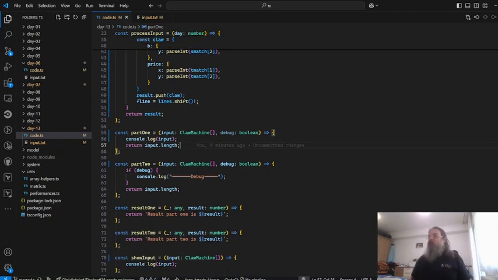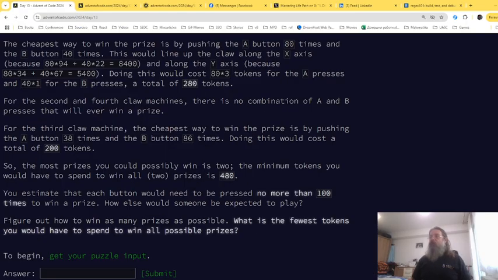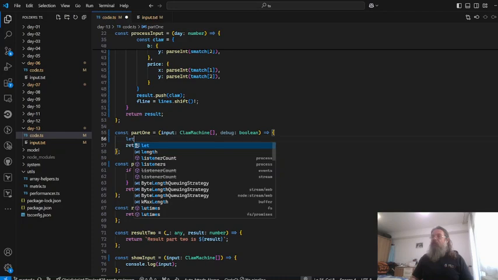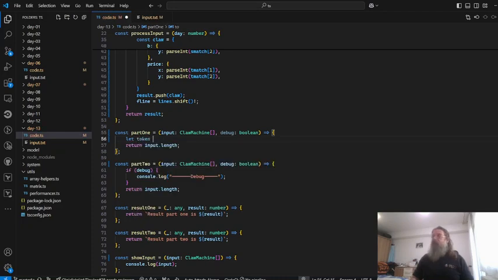So what do we need to do? First of all, we need to find what we actually need to compute: the fewest tokens you have to spend to win all possible prizes. So we need to get a number of the whole prizes. We have let tokens.